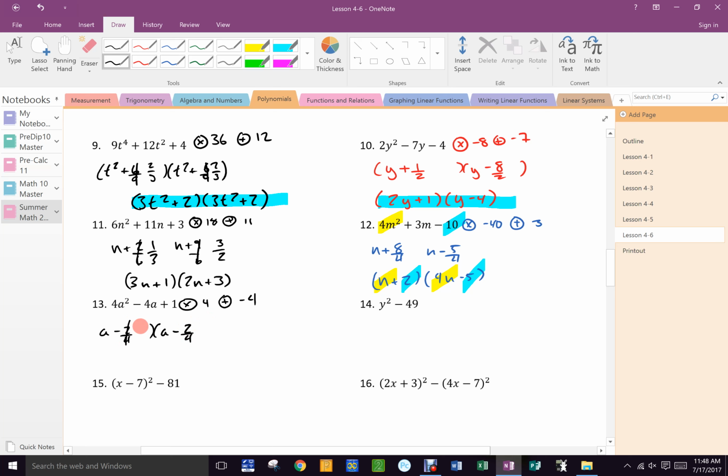Simplify. 1/2. 1/2. 2a minus 1. 2a minus 1. And then check. Yeah? Yep.